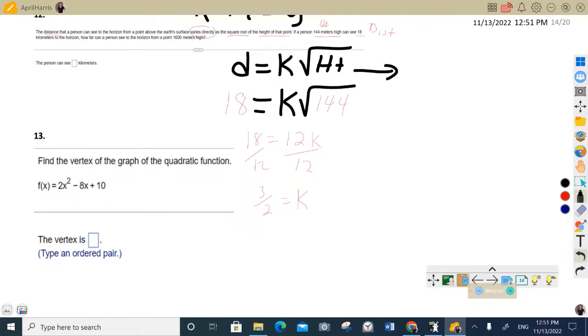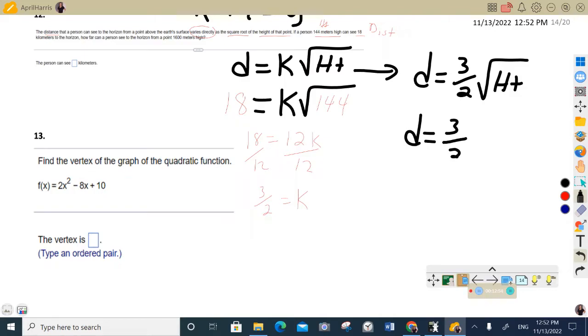So now I can come back over here and say, all right, the distance equals 3/2 times the square root of the height. And it says, how far can a person see, so that's the distance they can see, when the height is 1,600 meters. So we're going to put 1,600 in there. And I believe the square root of 1,600 is 40.